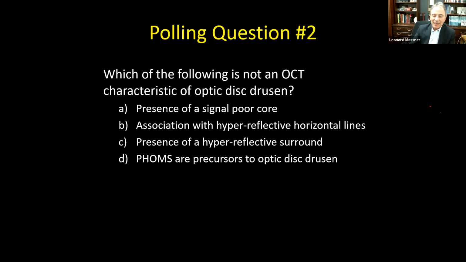So I think that is probably the best explanation to date: the drusen are a byproduct of the degenerating axons. And of course, as the axons are degenerating, the nerve fiber layer is going to thin itself and, to a certain extent, expose the drusen.